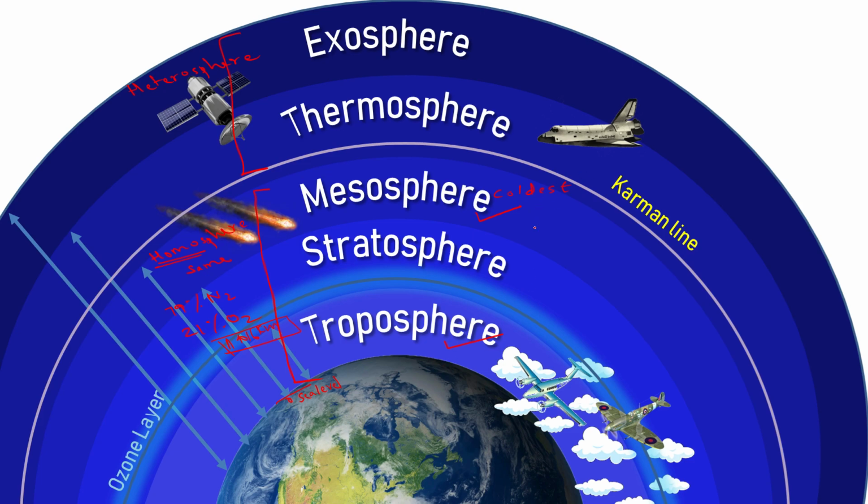Right. And if they ask which is the coldest layer, the mesosphere is going to be the coldest layer, at approximately minus 100 degrees Celsius. Next, which among these is considered the hottest, the one with the highest temperature? There is a name, thermo.